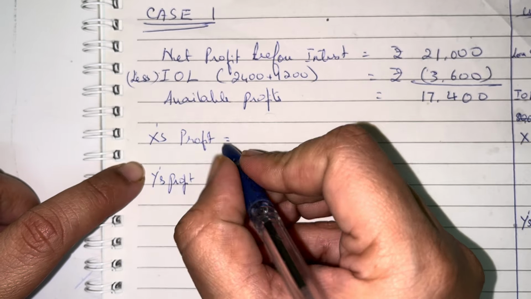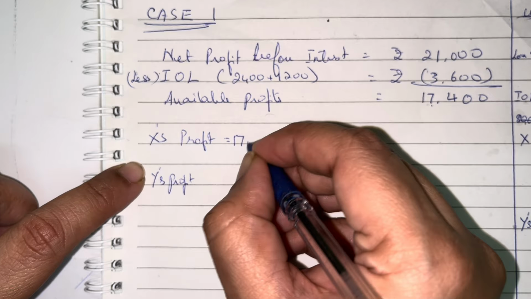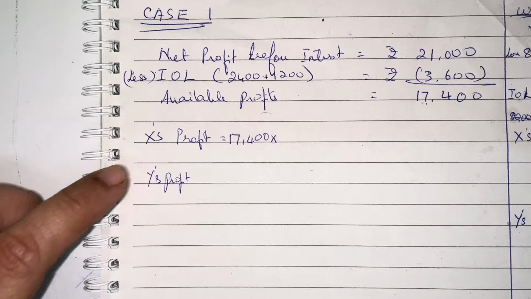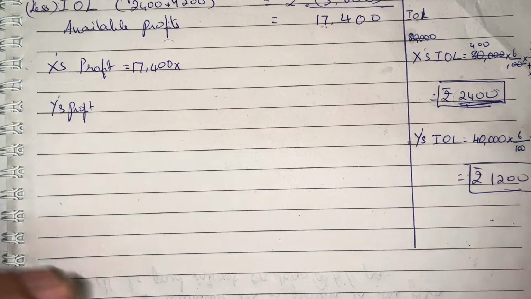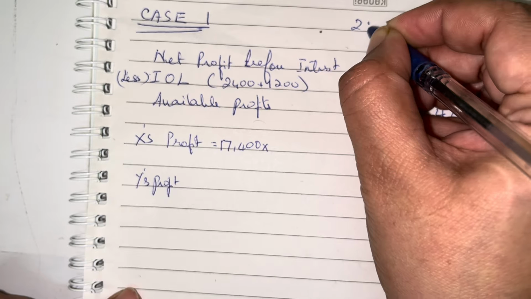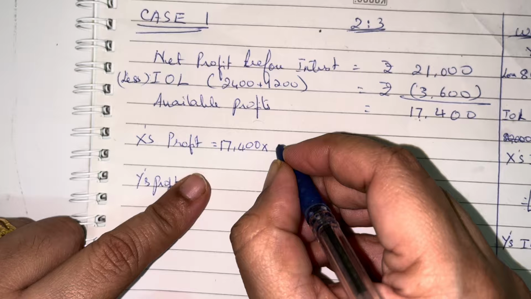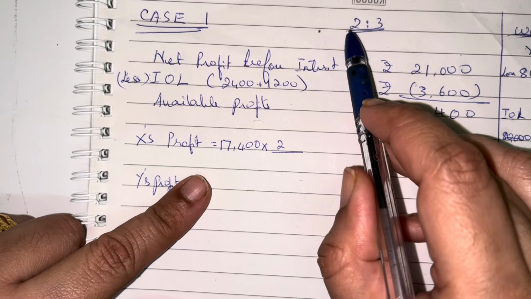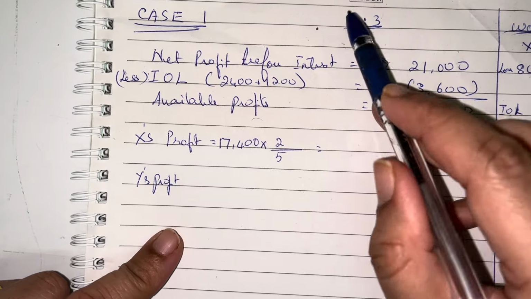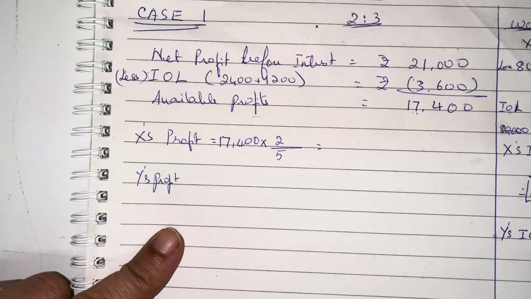X's profit would be, how much will he get? 17,400 into, okay, now the profits are shared between the partners in the ratio of 2:3, right? So X's share is 2. So we'll write 2 divided by 2 plus 3, 5, divided by the total share of both the partners. Okay, the share of one partner divided by the total.